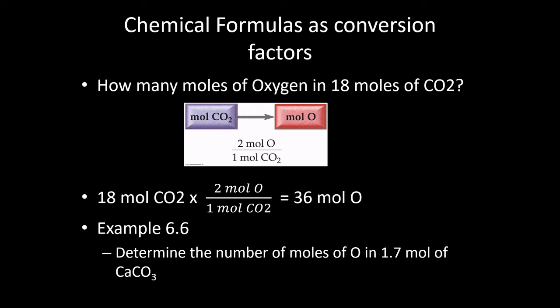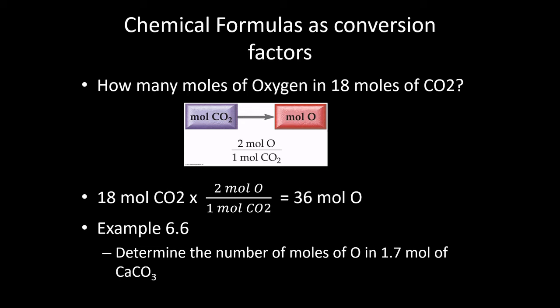In the same way that for every dozen people, you will have 24 arms. Again, assuming that you don't have someone that's had a very rough life and lost one for one reason or another. On average, for every dozen people, you're going to have 24 arms. In the same way here, for every mole of CO2, we will have 2 moles of oxygen, because there's a 2-to-1 ratio there.